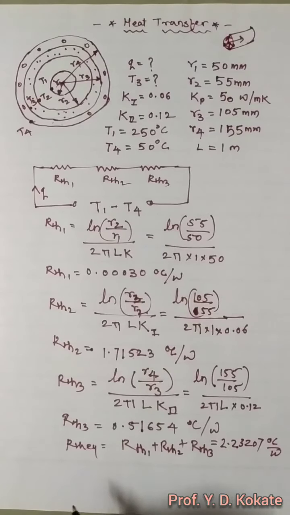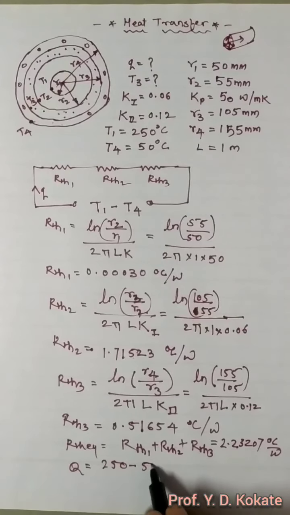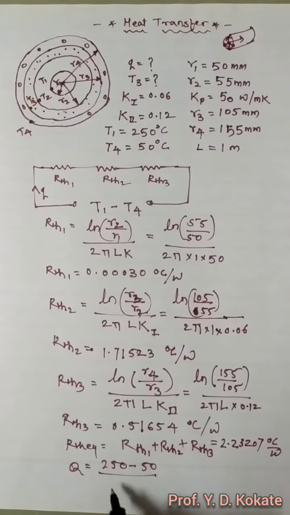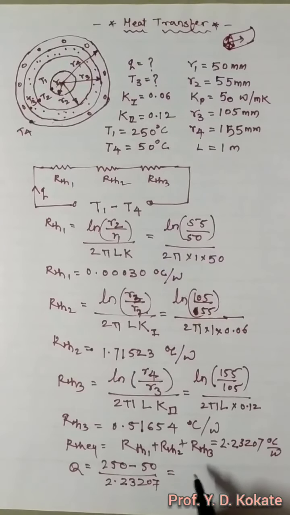Now from that we can easily calculate Q, which is equal to the inner side temperature T1, that is 250, minus the outer side temperature 50, divided by the whole resistance 2.23207. So I will have a heat transfer of 89.6 watt.